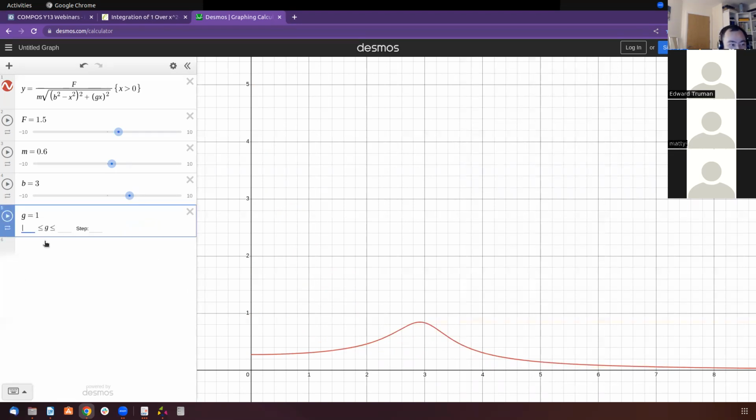Drag from 0 to 5 with a step of 0.1. Look what happens when I increase the drag. Look what happens when I decrease the drag.